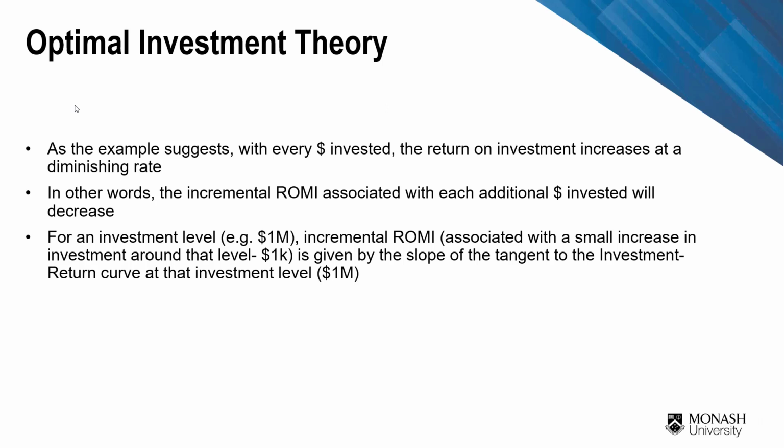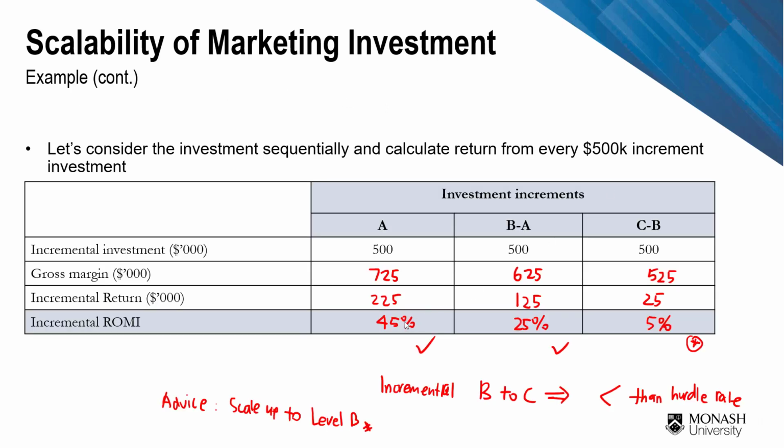Now in this video, we are going to revisit the scalability of the marketing investment and also the optimal investment theory. Now in the last video, we discussed that while there are decreasing investments, as long as they are higher than the hurdle rate, we accept or increase our investment up until where the incremental ROMI is less than the hurdle rate.